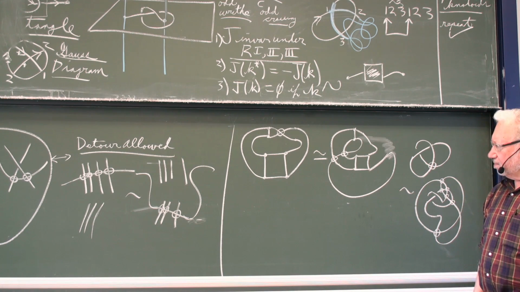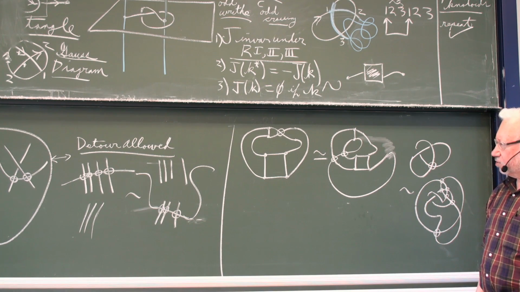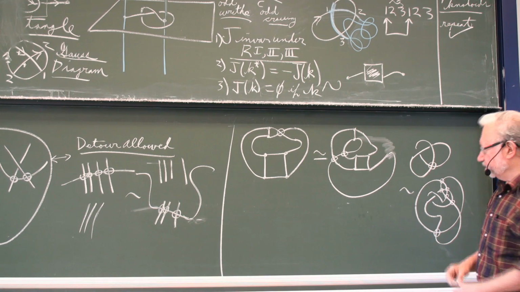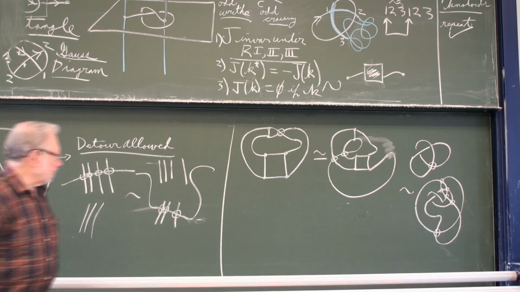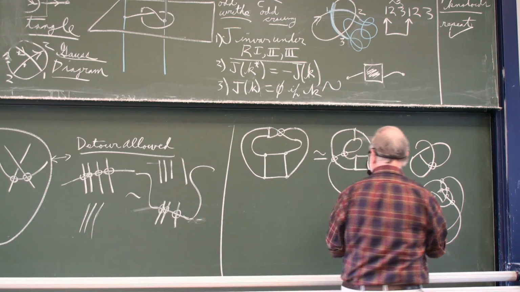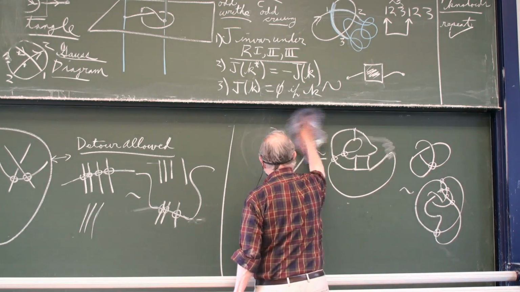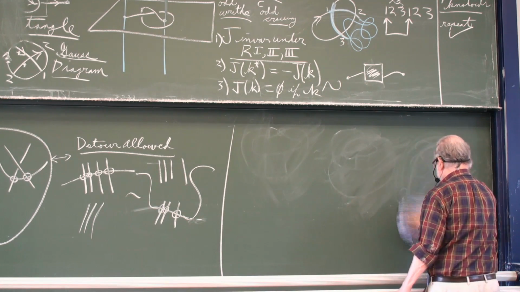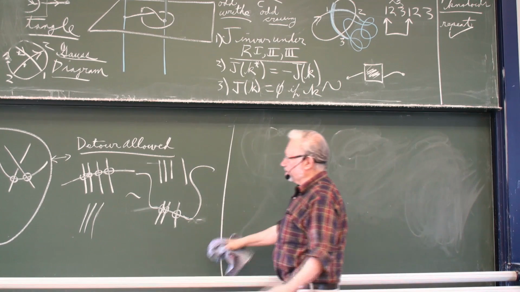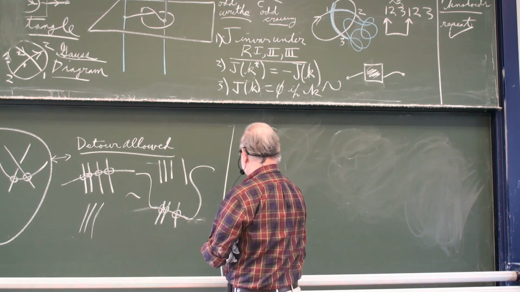Now, this sounds like just a very combinatorial generalization of the knot theory. But in fact, it has a geometrical interpretation that's quite nice. And the idea is this. Let's work from here and go into the geometrical interpretation.